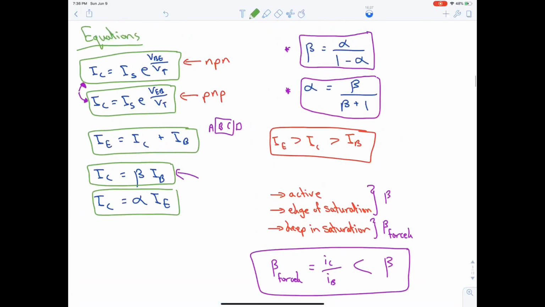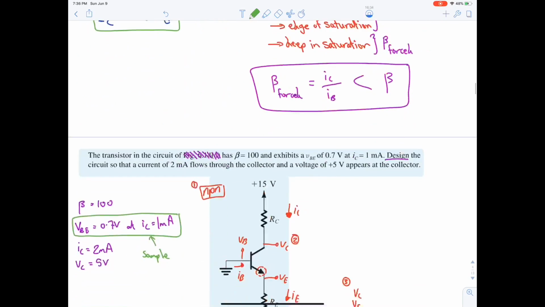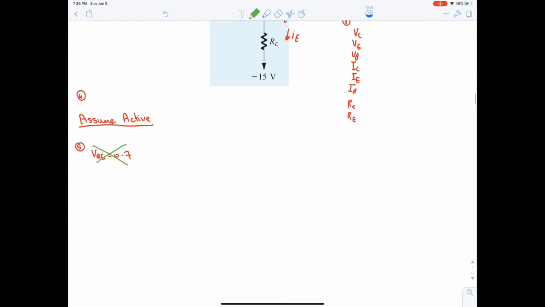How do I recalculate VBE? Through the equations. This equation is the only one that has VBE. Hence, I will write IC is equal to IS e to the VBE over VT. If you remember from chapter 3, how did we used to cancel IS? We used to divide by the same equation. So here IC equal to IS e to the VBE over VT.